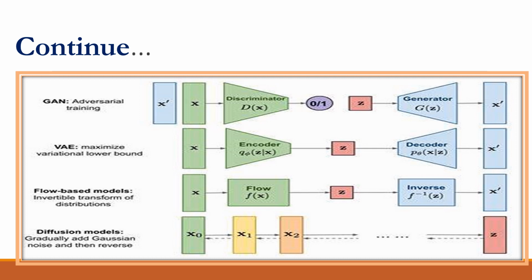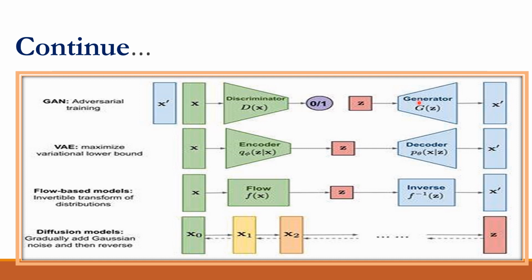Now, what's the difference between these popular generative models? Because they all generate data, be it GANs, variational autoencoders, flow-based models, or diffusion models. Let's try to understand this. First, take GANs. These generative adversarial networks are a type of generative model that consists of two neural networks, a generator and a discriminator.